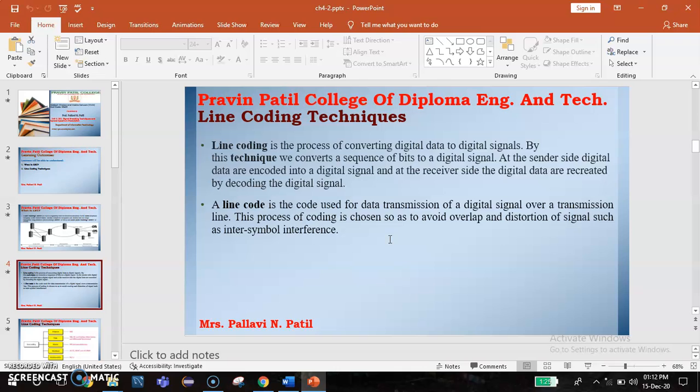A line code is a code used for the data transmission of a digital signal over the transmission line. This process of coding is used to avoid the overlap and distortion of the signal, such as inter-symbol interference.